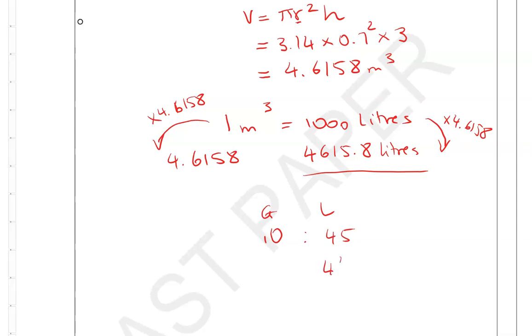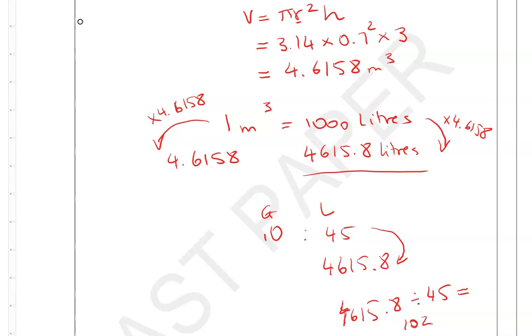What about 4,615.8 liters? What's that equal to in gallons? So we'll see how many times 45 fits into 4,615.8 by using the calculator and going 4,615.8 divided by 45, and that gives us 102.573.